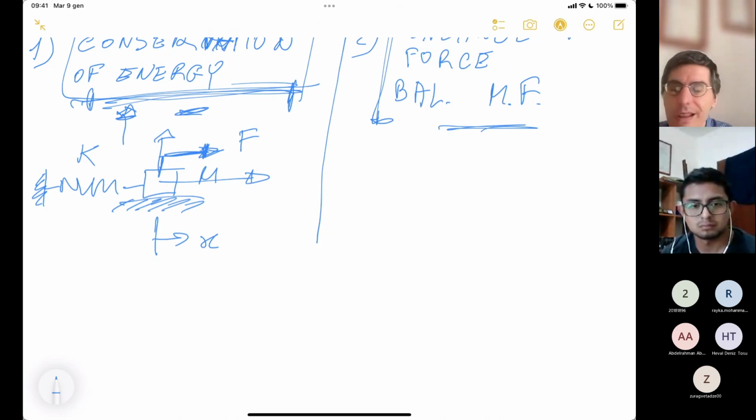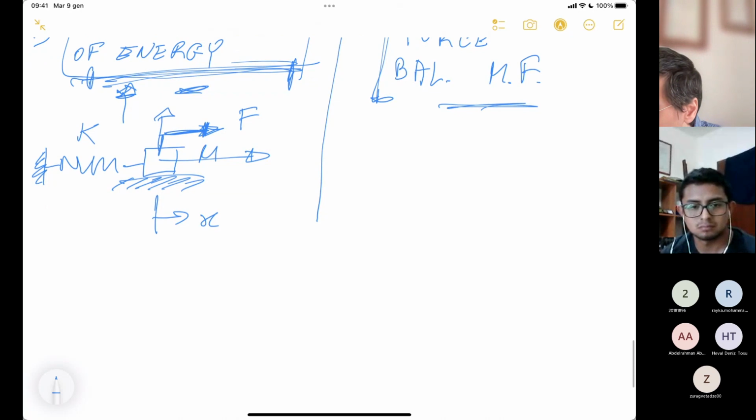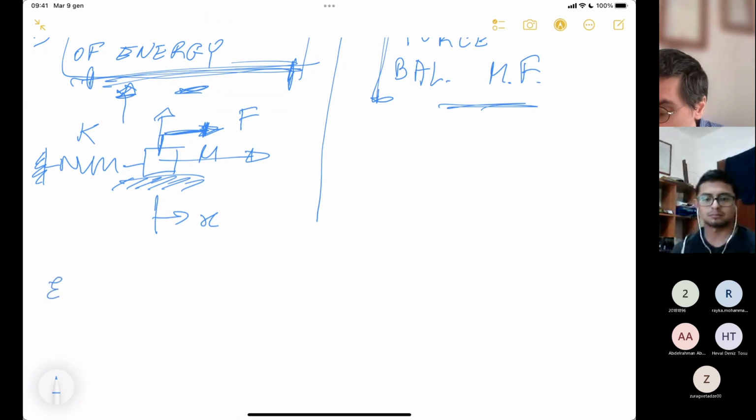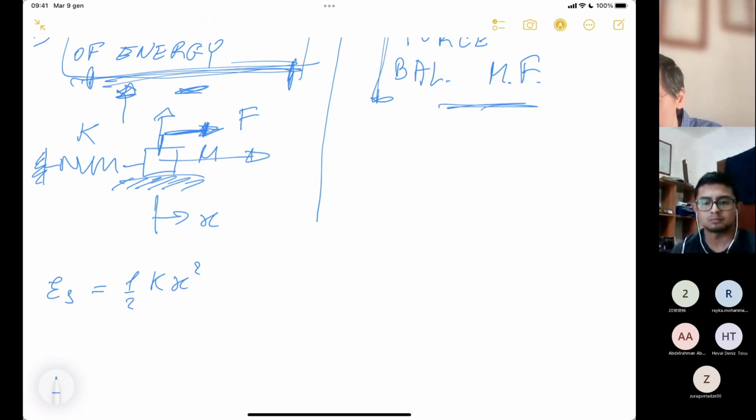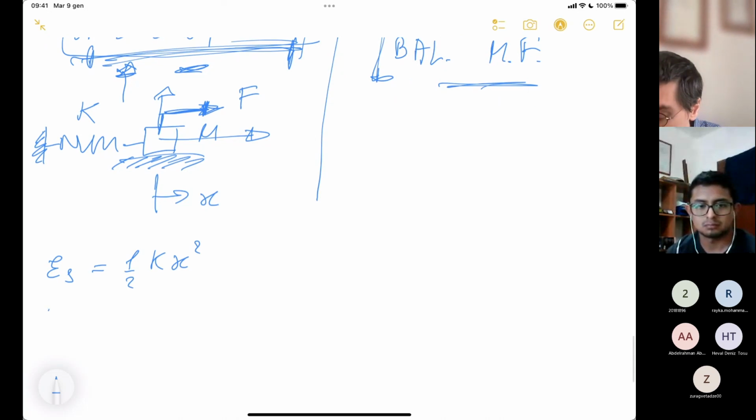A possibility is simply to define the elastic energy of the spring, and in this simple case, the elastic energy related to the spring is 1/2 k x squared, because x also represents the deformation of the spring. But this is not enough to describe our system. We also have to consider the potential energy related to our external force, so the energy associated to the force.